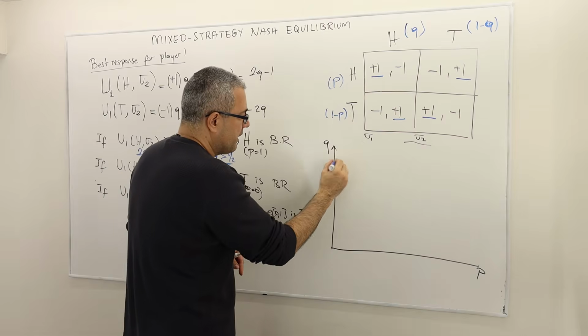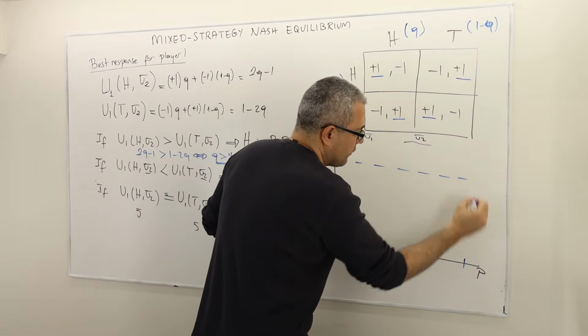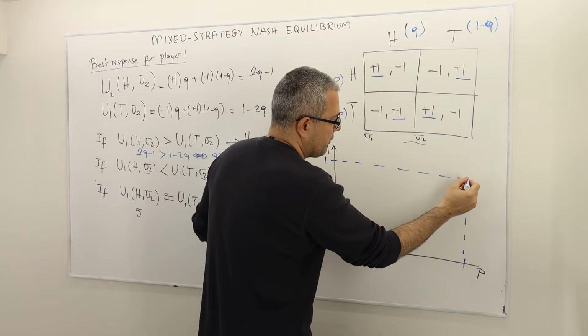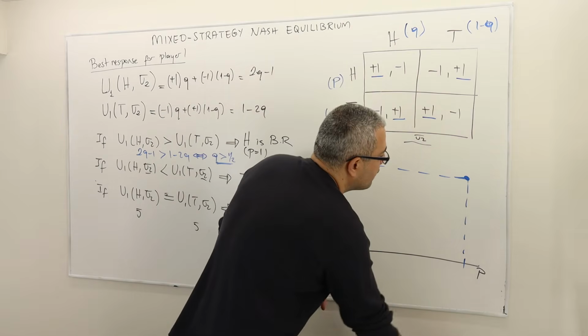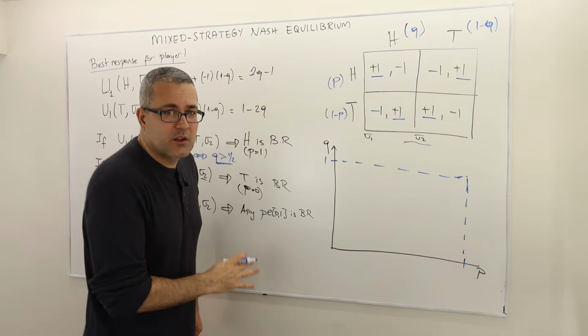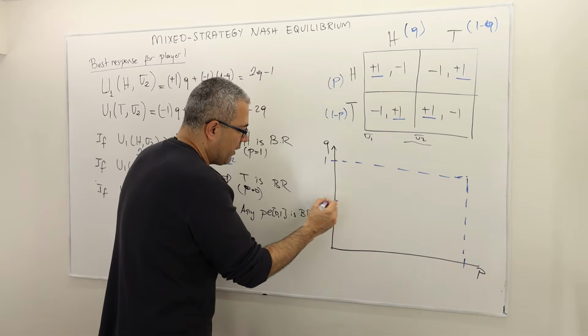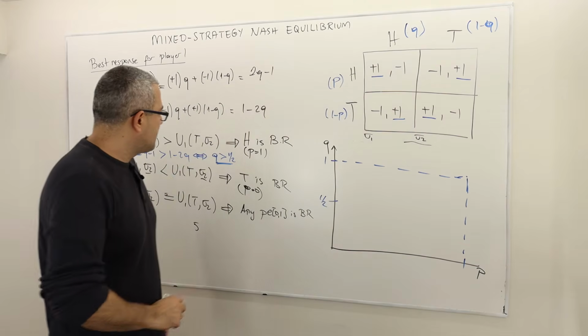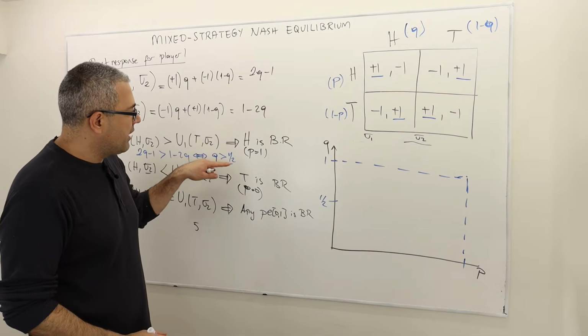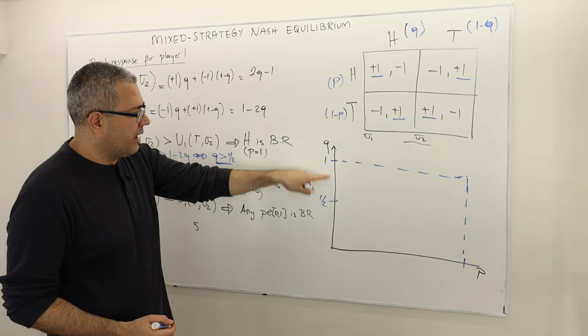So let's say this is Q equals 1, this is P equals 1. So my best response functions or sets are going to be in this square. I mean, if it doesn't look like square, I'm sorry, that's my bad. So let's put 1/2 here. Okay, so when Q is greater than 1/2, the exact value doesn't matter as long as it's above 1/2, all right?